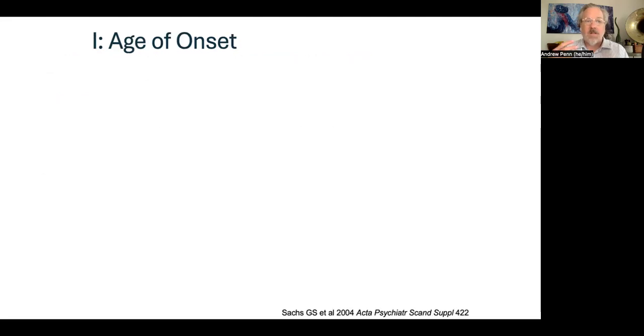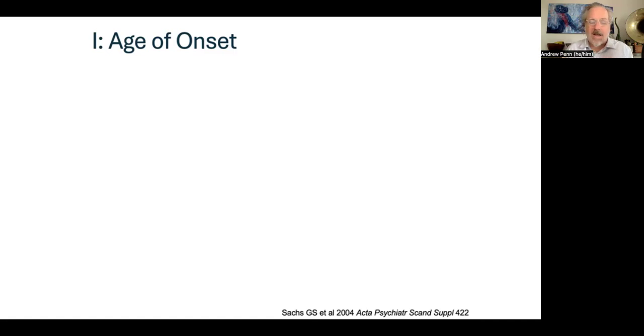This allows us to take a look at a method that was put out by a study called STEP-BD, the Systematic Treatment Enhancement Program for Bipolar Disorder. This was the same era in the early 2000s that the CATIE trial came out in schizophrenia and the STAR*D study came out in depression.